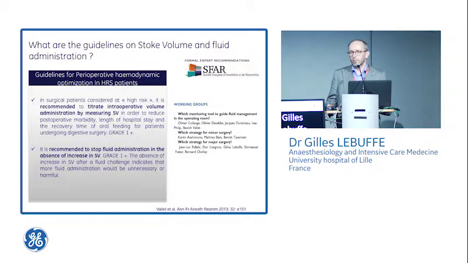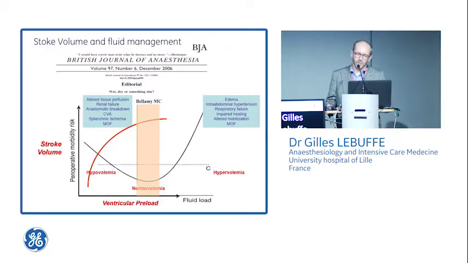And this was due to the proposition that hypovolemia, but also hypervolemia, are associated with deleterious injury. As you can see, hypovolemia can provide altered tissue perfusion, renal failure, anastomotic breakdown, cardiovascular abnormalities, splanchnic ischemia, multiple organ failure.